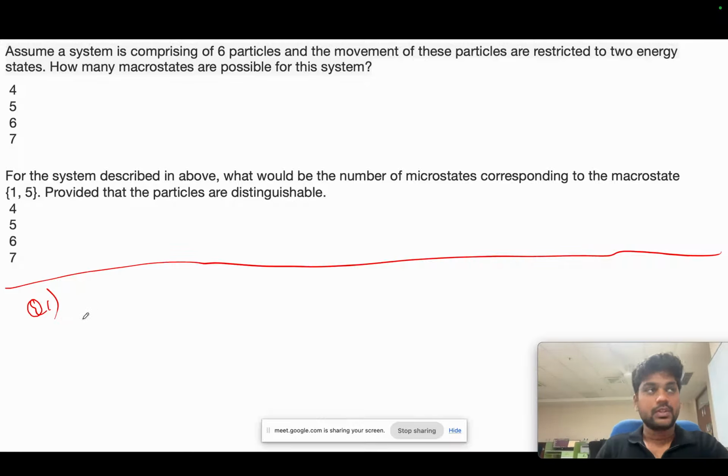So can I explain? Have you got the answer? Yes, sir. Okay, fine. So can you tell me the answer for the first question? Wait, let me try. So we have 6 particles, out of which 2 are restricted. So we need to keep 2 in the one.